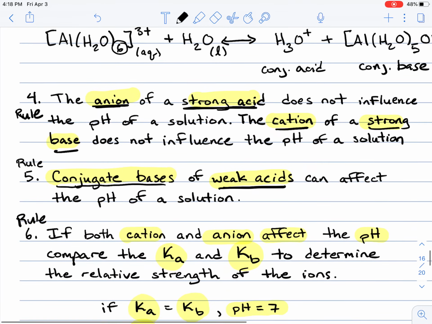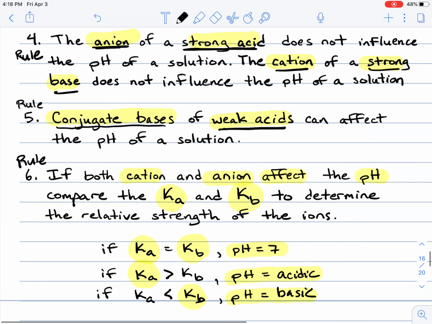And I'm going to scroll down and flash Rule 4, Rule 5, and Rule 6. Once again, feel free to pause this video and take snapshots, or write this down on a piece of paper for your reference.